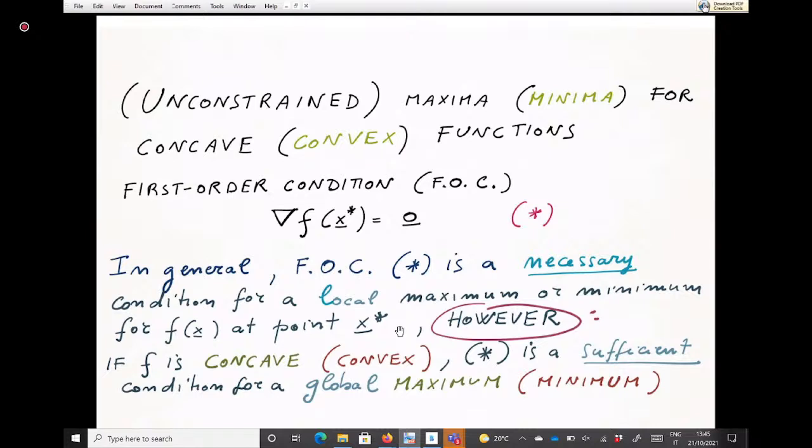Necessary means that if the point is a maximum or minimum point, and it is interior, and the function is differentiable, then this condition necessarily holds, right? This is the meaning of necessary condition. This is not sufficient. You know the difference between a sufficient condition and a necessary condition. This is not sufficient, it's only necessary.